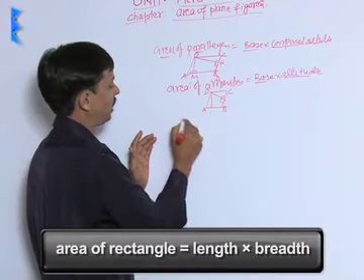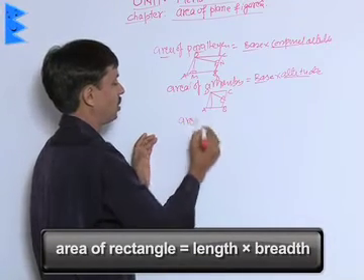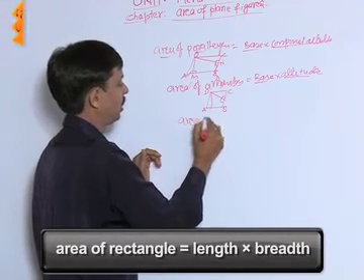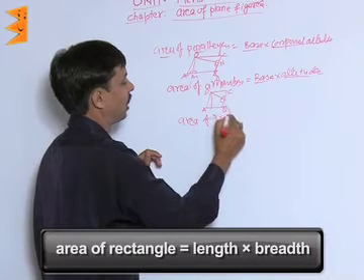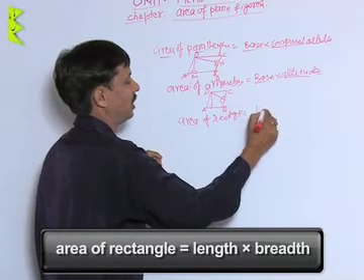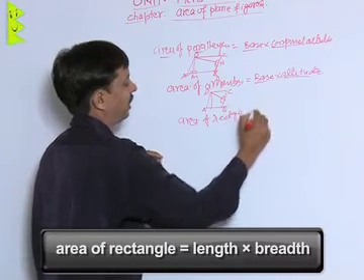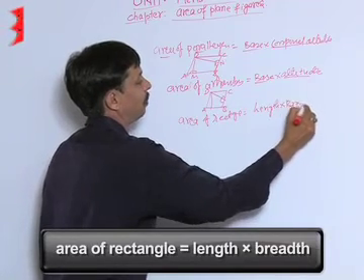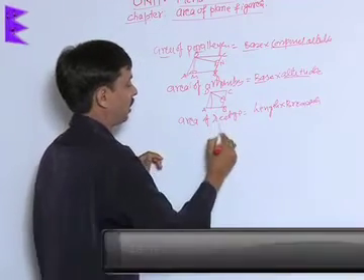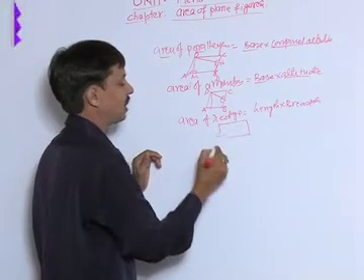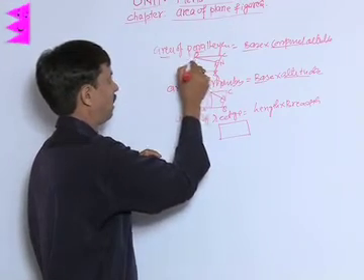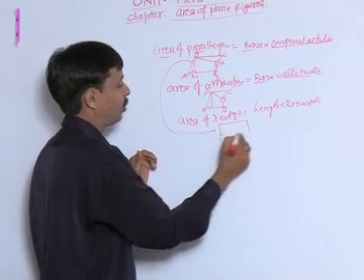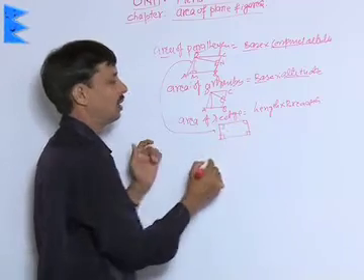How do we find the area of a rectangle? You all know since class 6 that the area of a rectangle is length into breadth. We write it as length multiplied by breadth. A rectangle is a kind of parallelogram: a parallelogram whose each angle is 90 degrees.